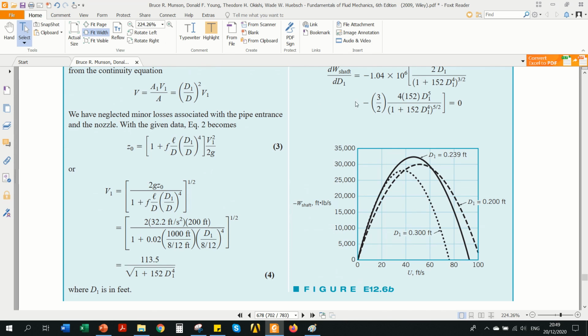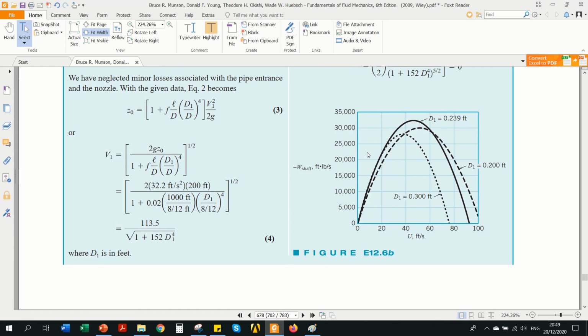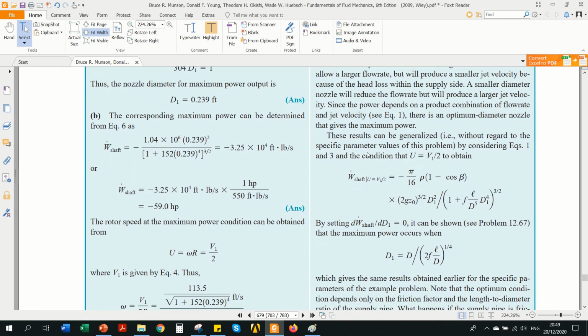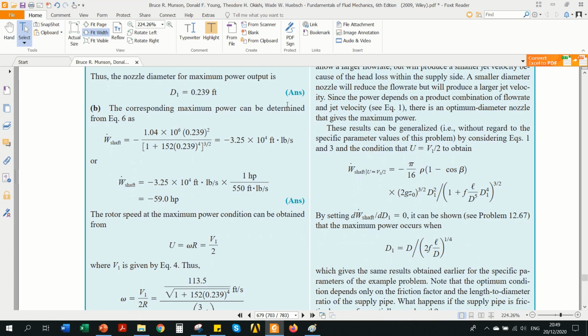As you can see, this is the optimum point right here. This is the optimum point for a combination of U and the diameter of the nozzle that will give us the maximum power that we can get. These results can be generalized, without regard to the specific parameter values of this problem, by considering equations 1 and 3 and the condition U equal to V1 over 2 to obtain this equation.